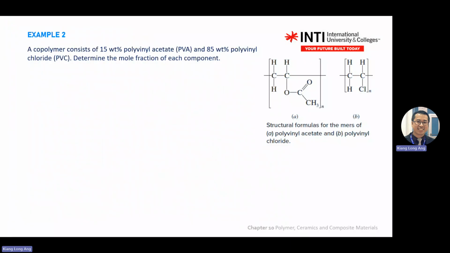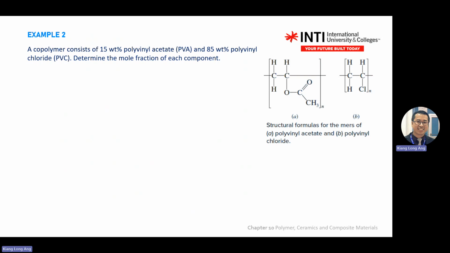Okay, now this is example 2. It gives you a copolymer consisting of 15% PVA, polyvinyl acetate, and 85% PVC. Determine the mole fraction of each component. It asks you to find the mole fraction, meaning how many moles of each.